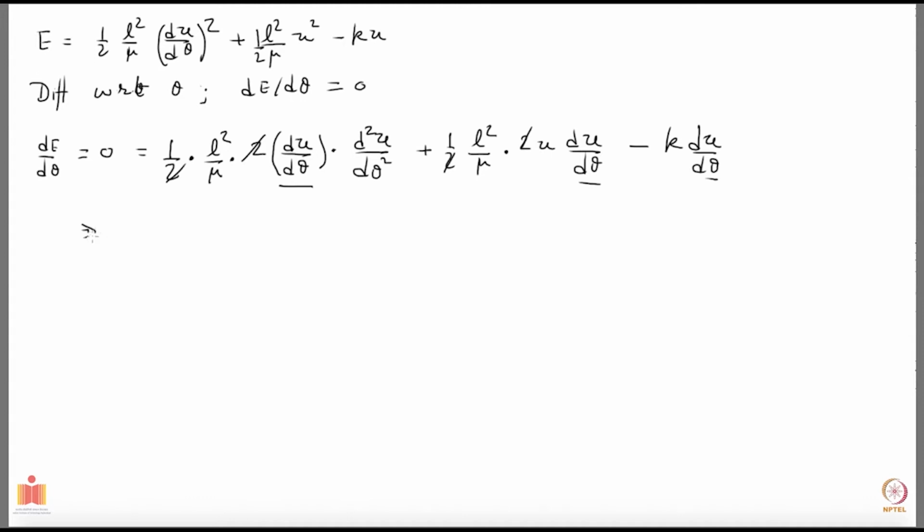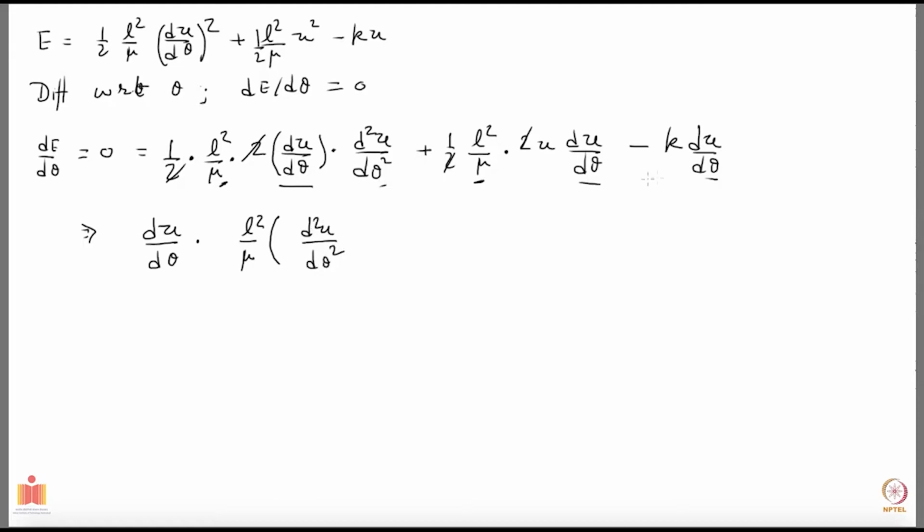So this implies that I can write the above equation in the following manner. Let me see. Correct, all is good till now. So I have L squared over mu. This term here is the same thing as in here, and I have d2u over d theta squared.